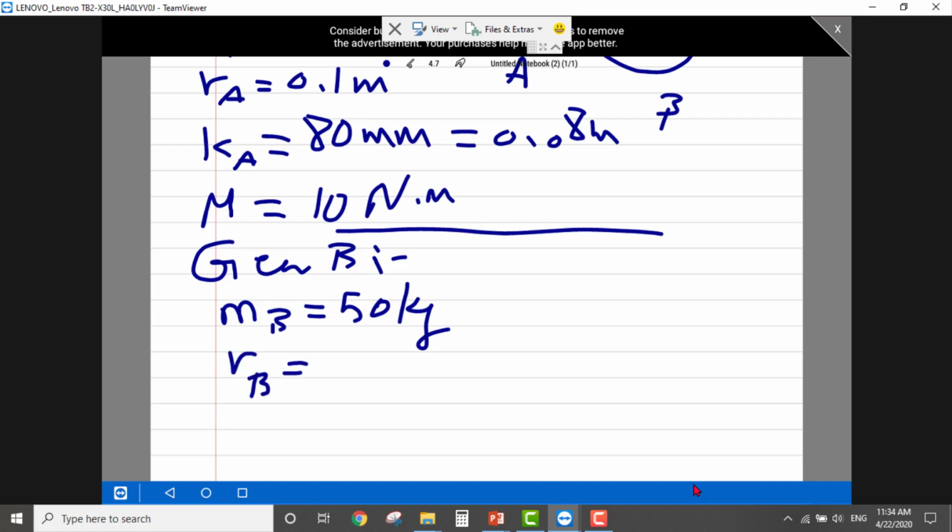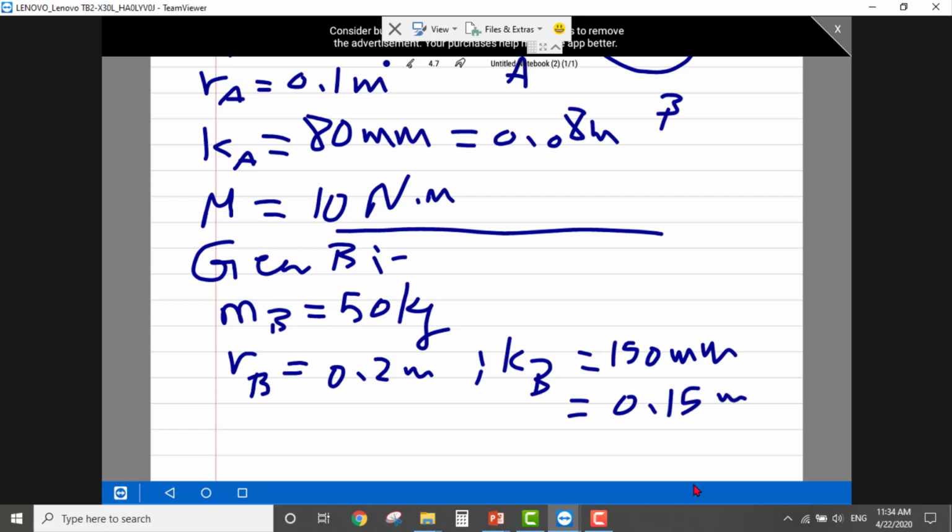RB is equal to 0.2 meter, and the radius of gyration is equal to 150 millimeters, and this is eventually equal to 0.15 meter.